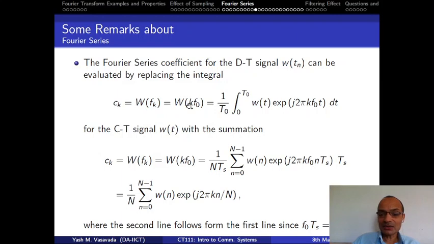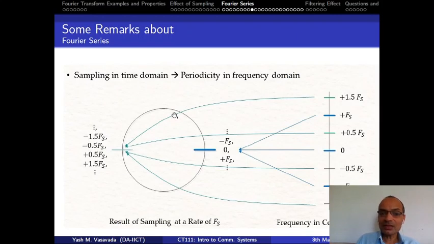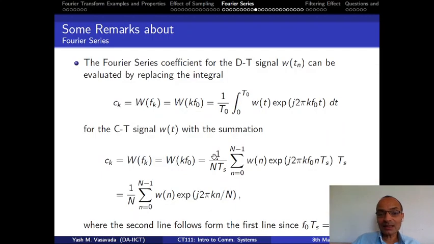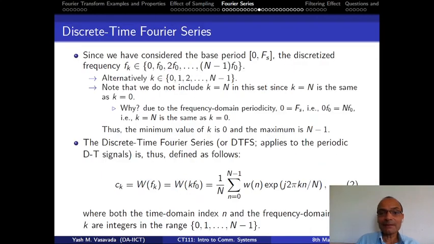Well, that range has to be only from 0 to F of s. That tells us that the discretized frequency has to be 0, f0, 2 times f0, all the way up to capital N minus 1 times f0.